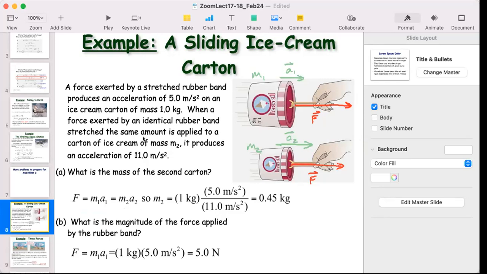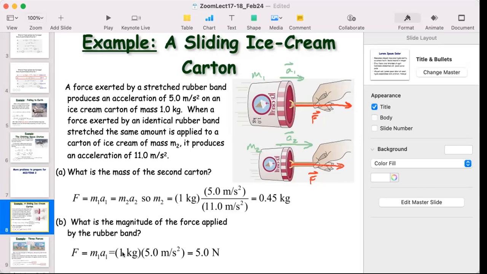Here, because M1 and A1 are provided, it's always better to use what is provided rather than what you just found, because if you made a mistake there, you are going to make an error also in the second part of the problem, right? So because those values are provided, it's always better to use the provided values. So F is equal to M1 A1.